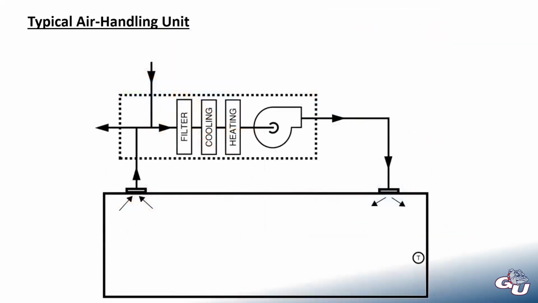Let's look at a typical air handling unit. There are a whole bunch of parts and pieces on this to identify and talk about, so bear with me. This box on the bottom represents our room, aka our space, aka our zone. You have your cabinet enclosure for your air handling unit.